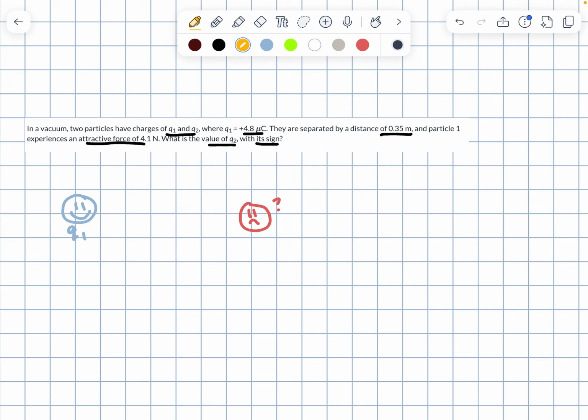And then we have a distance r, and the distance is 0.35 meters. But we also have a value for force. So it says that particle 1 experienced an attractive force of 4.1 newtons. And since they're opposite signs, then this particle also experiences a force of 4.1 newtons.